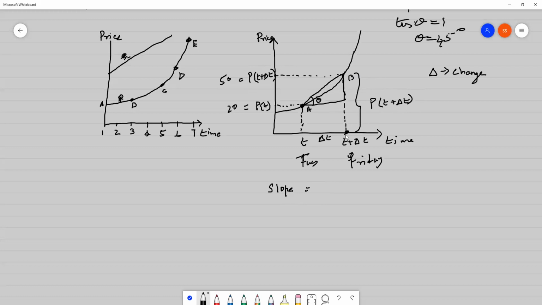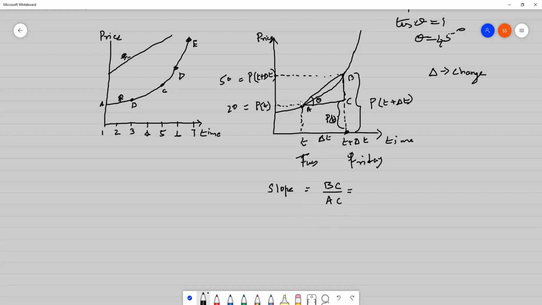This value is P of T. So the opposite side is BC, and the adjacent side is AC. What will be the slope of that line?